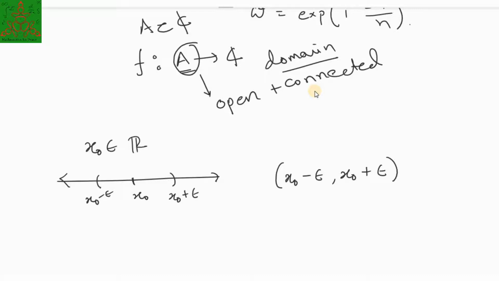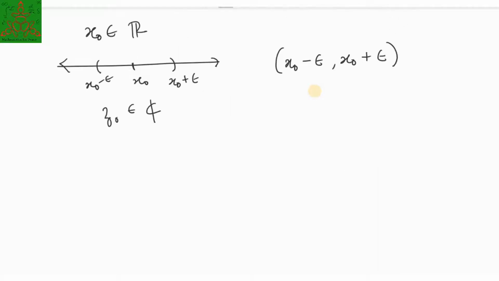In the same way we need to define an epsilon neighborhood in the complex plane. Suppose you are given z0 belonging to C, a point in the complex plane. Consider this as the x axis and this as the y axis, with the point z0 here. The neighboring points of z0 are the points near it, which we denote as a disk whose radius is epsilon.